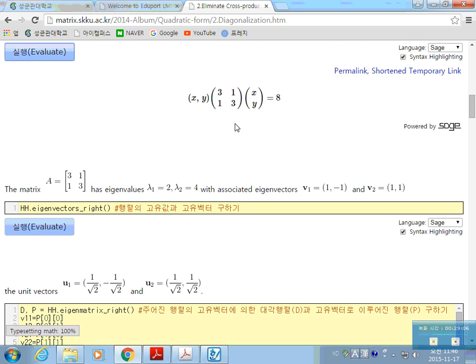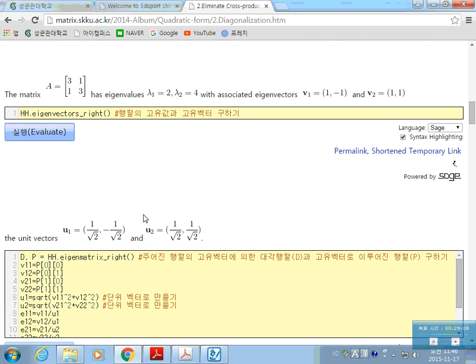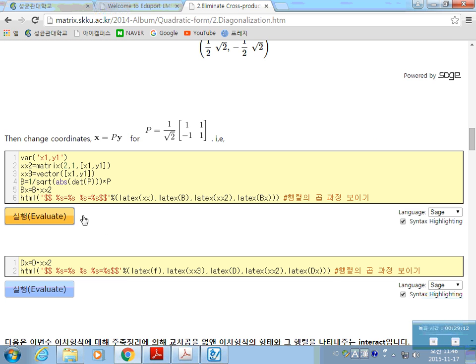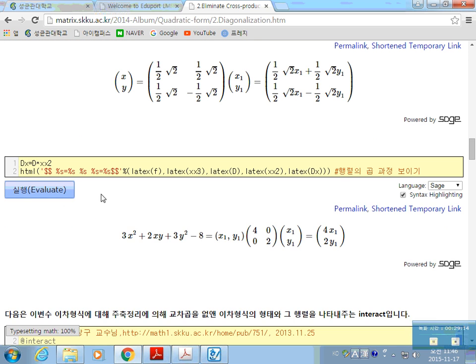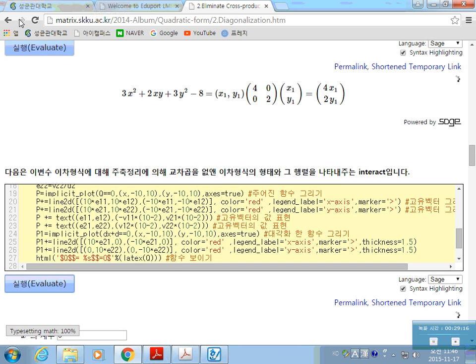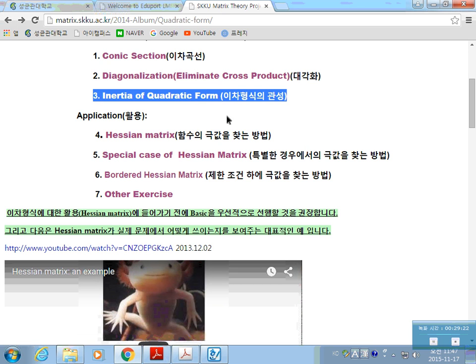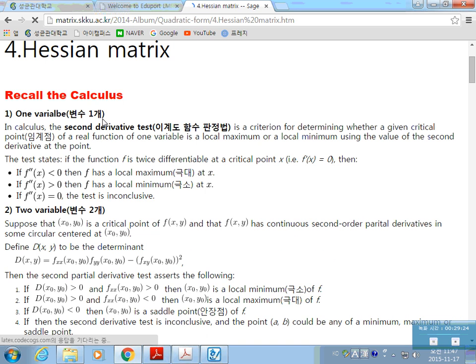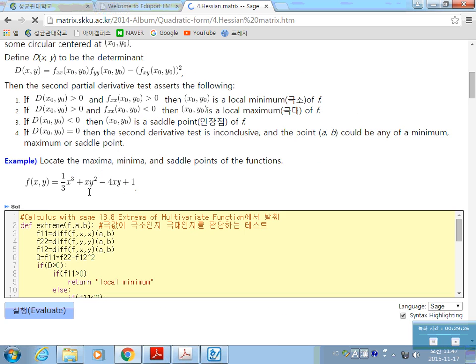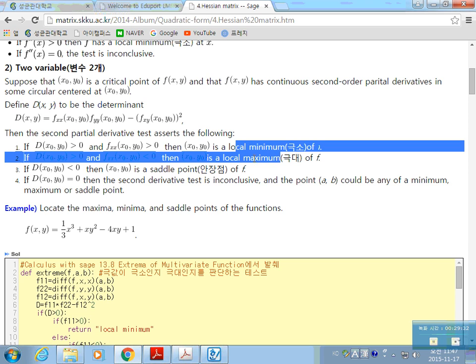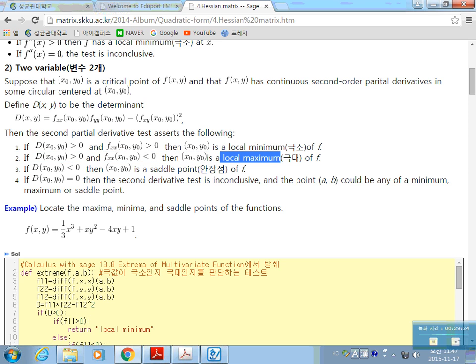And this can also be done in here, so you can check the eigenvalues, eigenvectors, and orthogonally diagonalize things. And these things have been simplified there. Also, the inertia of quadratic forms is given, and applications which include the Hessian matrix, which tells you whether a critical point is a local minimum, local maximum, or a saddle point.